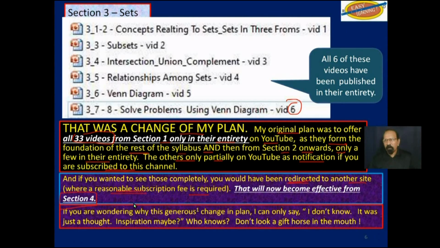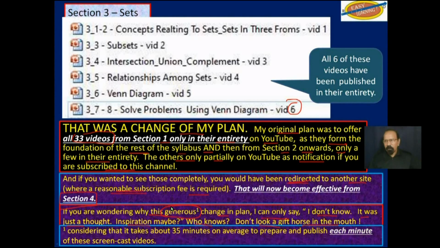That plan now becomes effective from Section 4. Now, if you are wondering why this generous change in plan, and I will explain what I mean by generous, well, I really don't know. That's all I could say. It was just a thought, maybe inspiration, who knows? Anyway, don't look a gift horse in the mouth. You have 3 full sections available in their entirety on YouTube without sending you to another site that requires a charge.